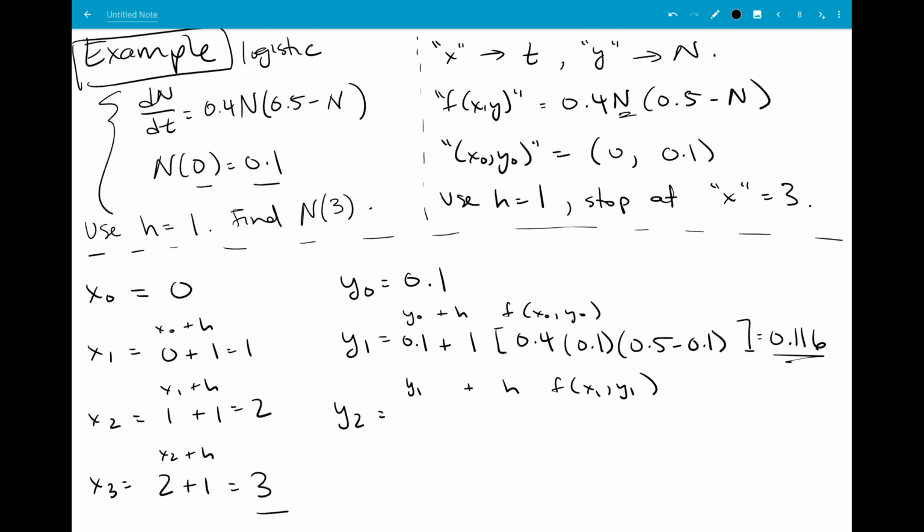So we would plug in this value, 0.116. Our h is still 1. And our f is going to be using the same formula as before, but now we plug in our most recent values. So that's going to be 0.4 times 0.116 times (0.5 minus 0.116).